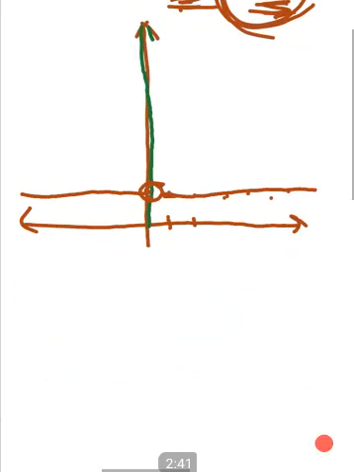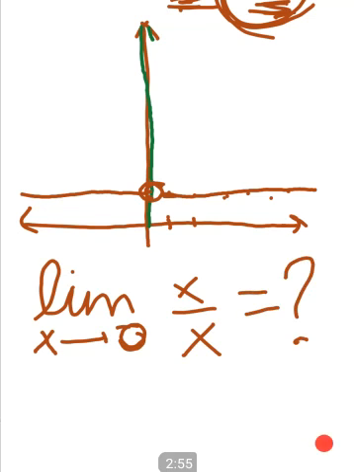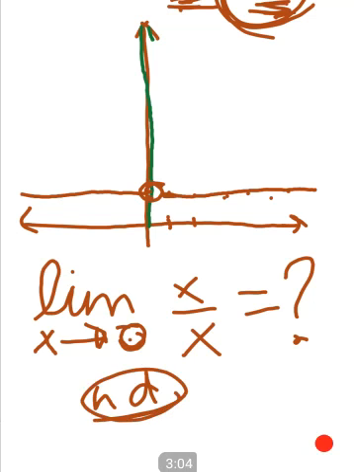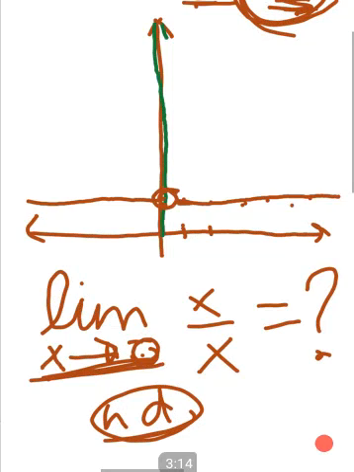Now the question is, the limit as x approaches 0 of x by x is. Now here we can't say not defined. Just because x approaches 0 does not mean x is equal to 0. x is just as close to 0 as it can be.